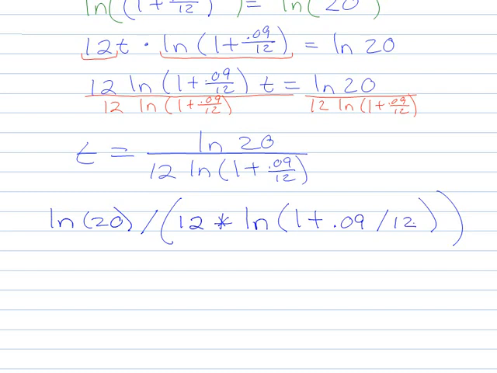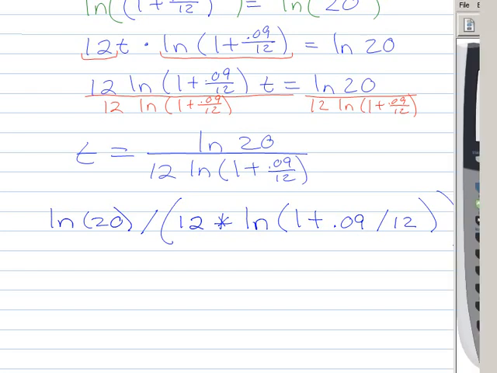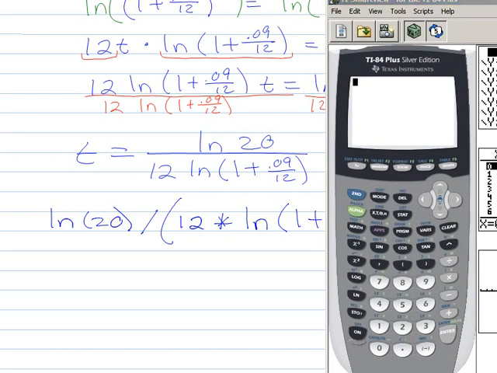We don't need parentheses around that because it's going to follow order of operations. It'll automatically do the 0.09 over 12. So let's plug this into our calculator, and please let us get something reasonable so we can go home and not have to do this problem anymore. So: natural log of 20 divided by, big parenthesis, 12 times natural log of 1 plus 0.09 divided by 12, close that parenthesis, close the last parenthesis, and please be something reasonable.